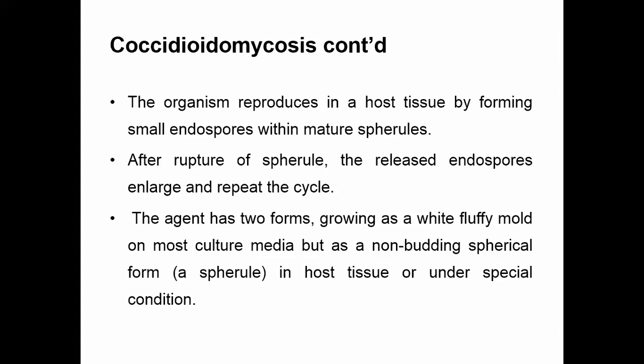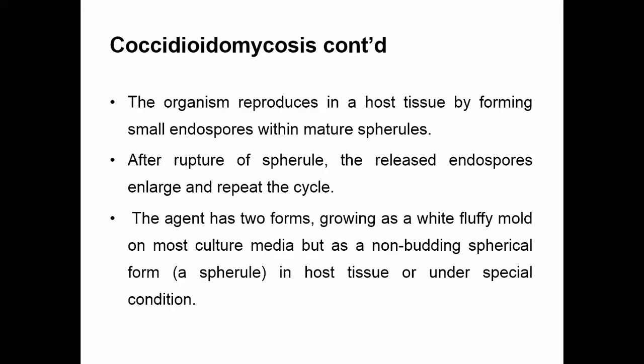Within the endospores there are also spherules, which are like mature spores. How do we identify maturation normally? If we see Aspergillus, during the first 2 or 3 days it is white, and after 2 or 3 days it becomes black.